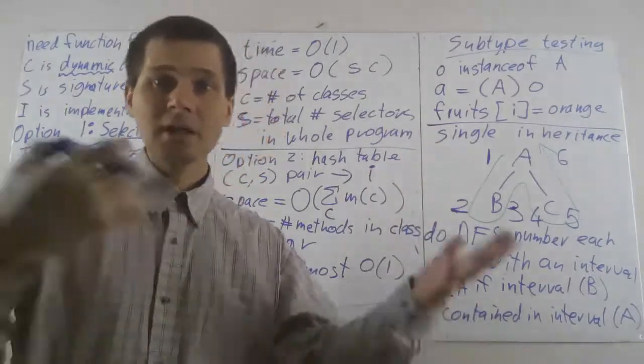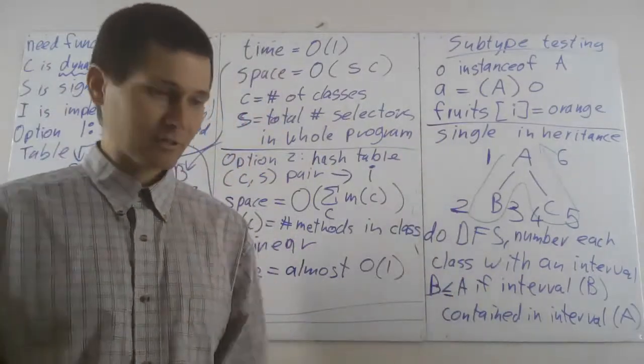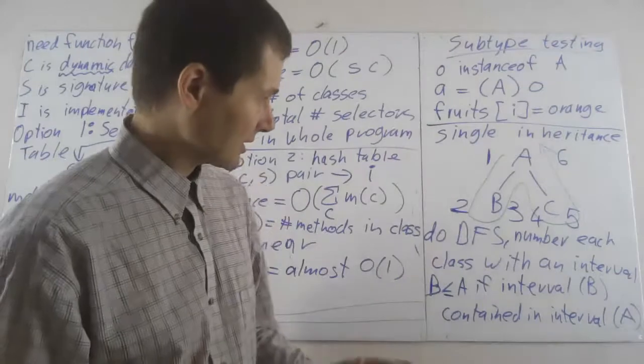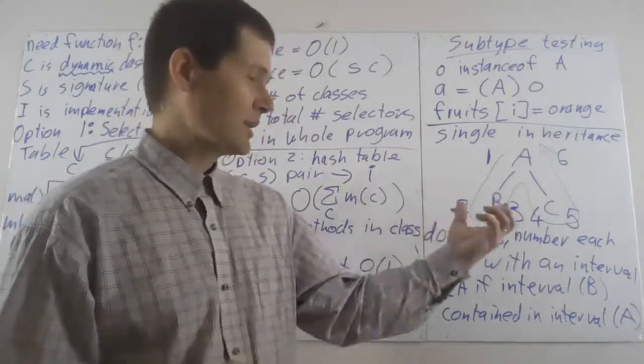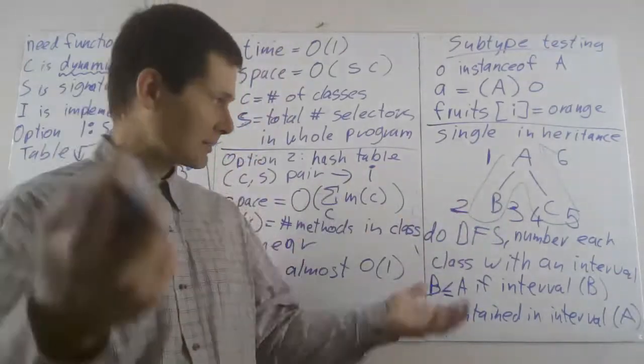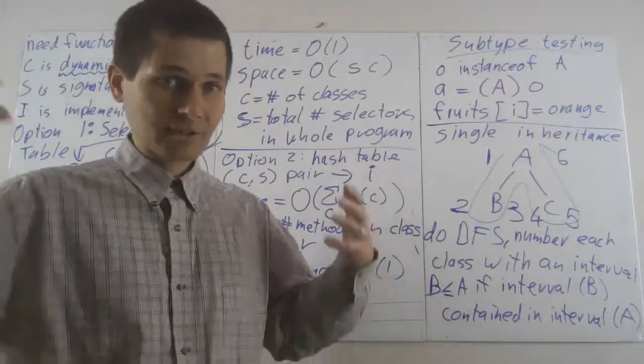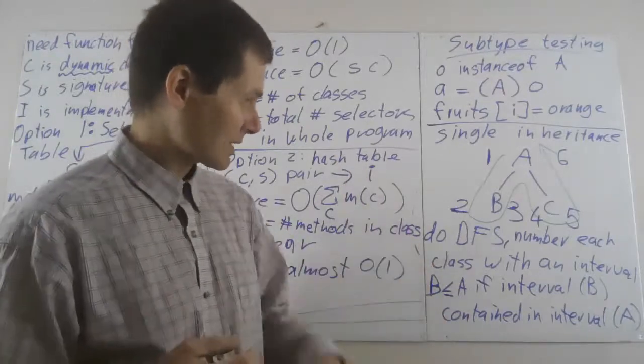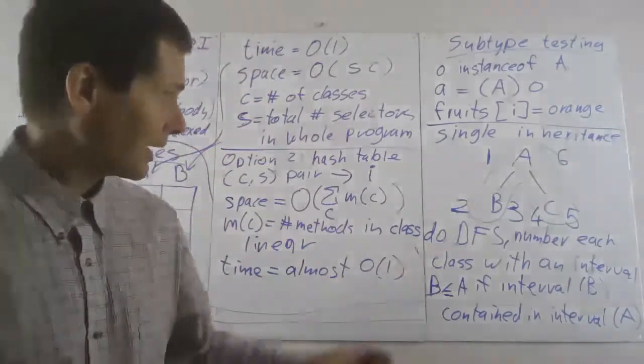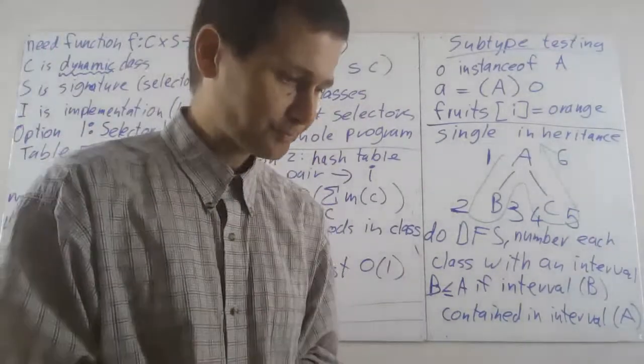Very simple and very efficient. I only need 2 integers in each class, and I need 2 less-than comparison instructions to do one of these type checks.